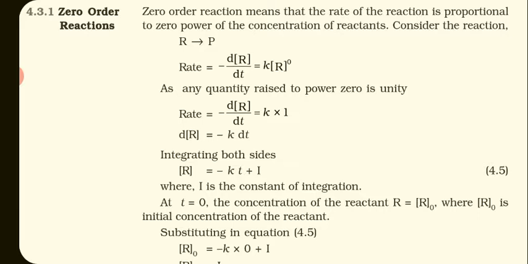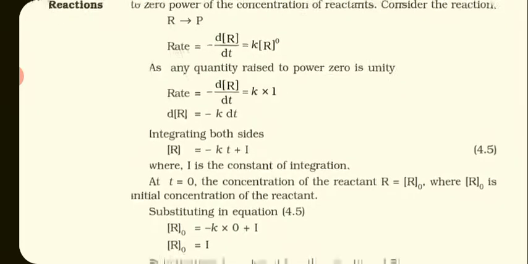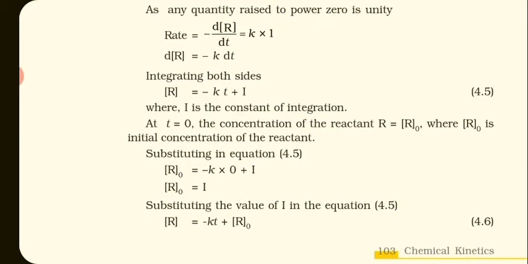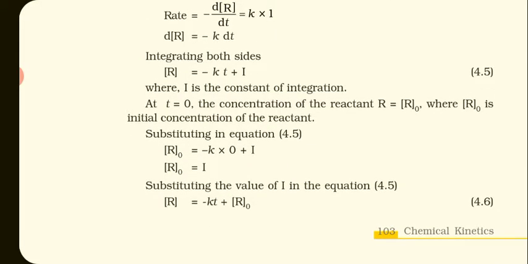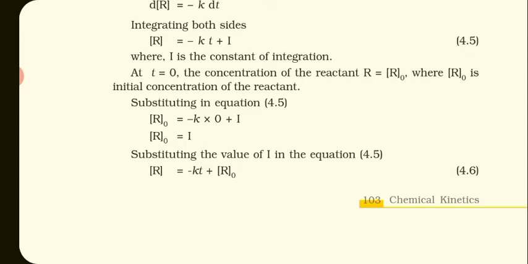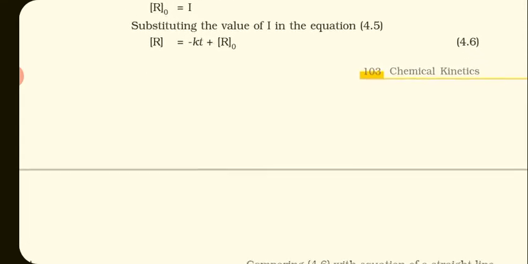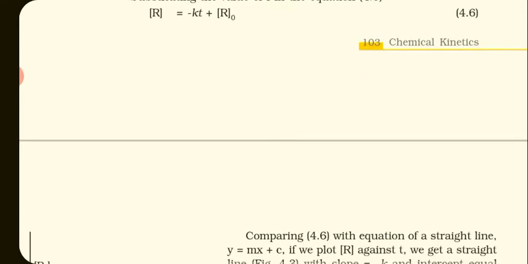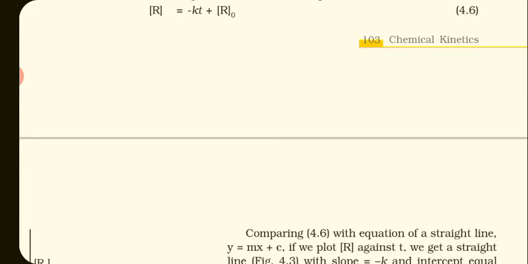Substituting R equal to R0 and t equal to 0 in equation 4.5, we get R0 is equal to I. So again putting the value of I equal to R0 in equation 4.5, we get R is equal to minus kt plus R0.